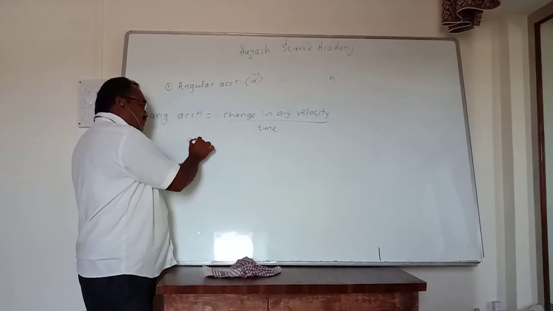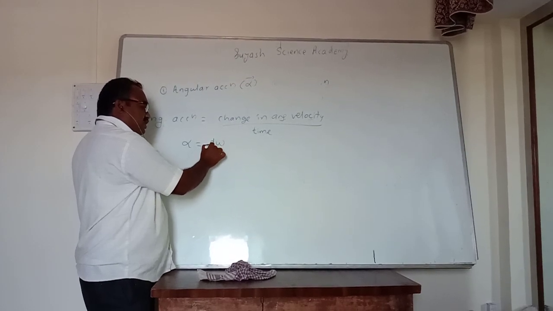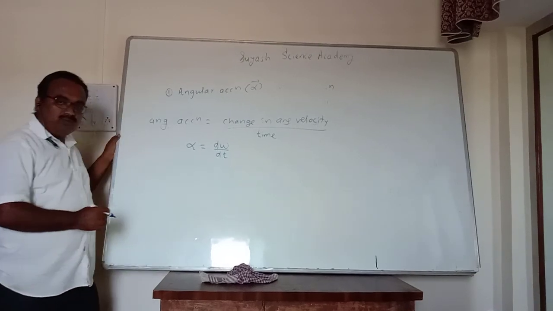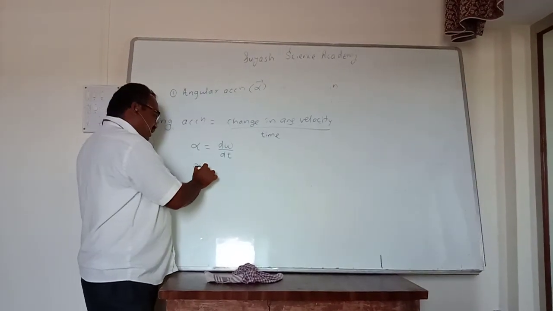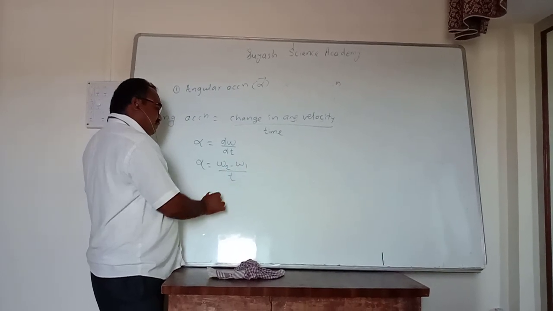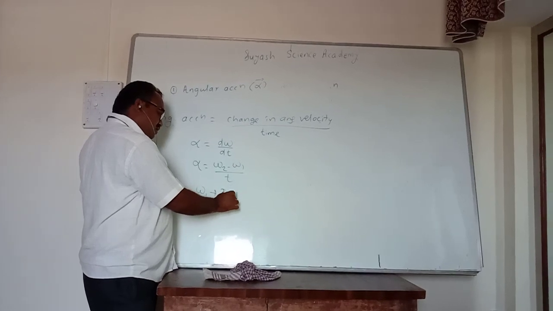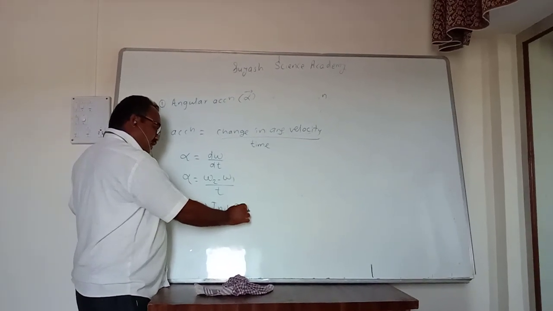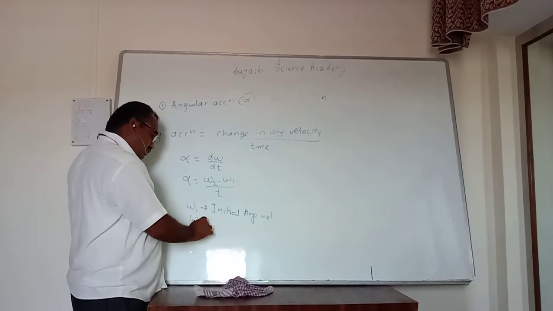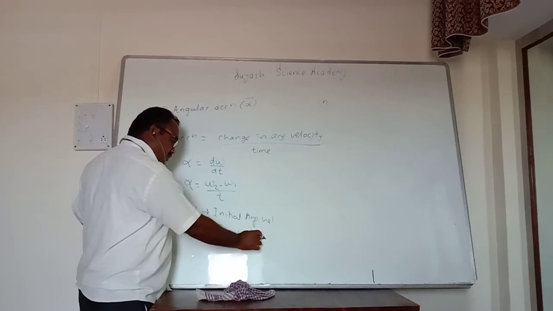It is denoted by letter alpha. Alpha equal to d omega by dt, or you can write alpha equal to omega 2 minus omega 1 divided by time. Here omega 1 is the initial angular velocity, and omega 2 is the final angular velocity.